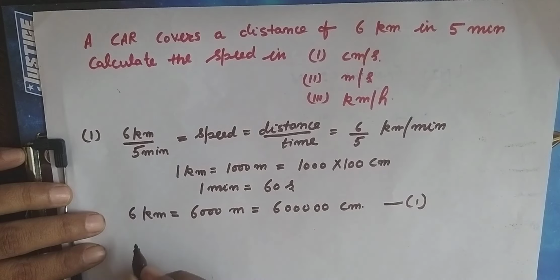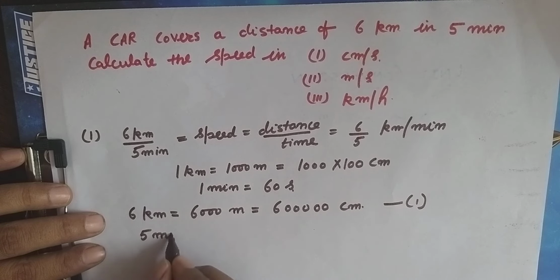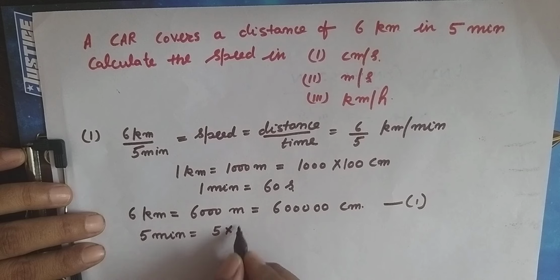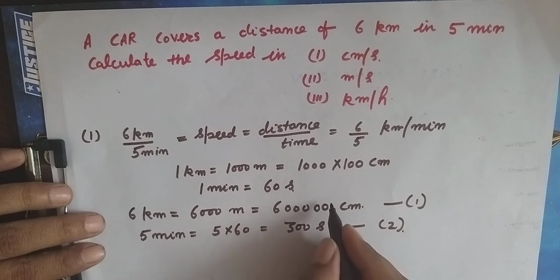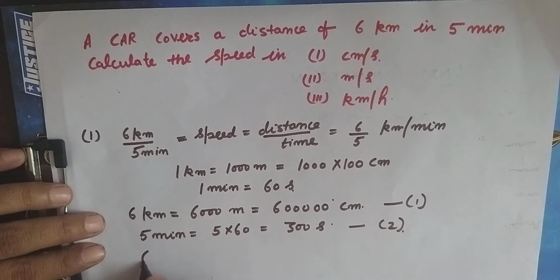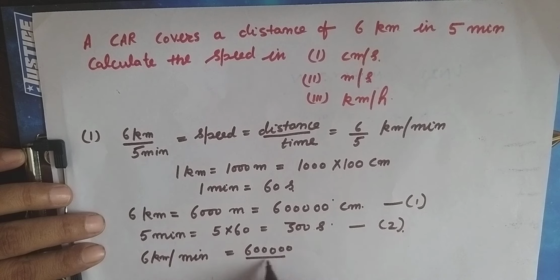Let it be the first equation. And 5 minutes is equal to 5 into 60, that is 300 seconds. Equation 2. Now we can change it into centimeter per second. So 6 kilometer per minute will be equal to 600000 divided by 300. Let's cut these zeros, and I'll get 2000 centimeter per second, right?